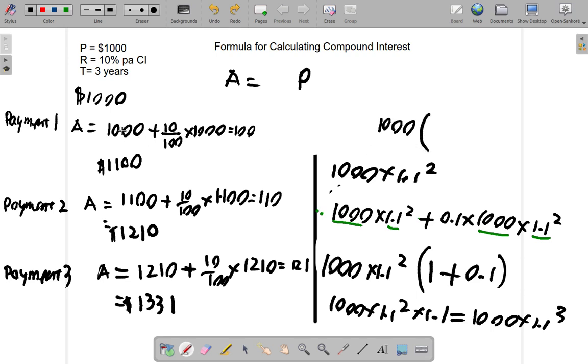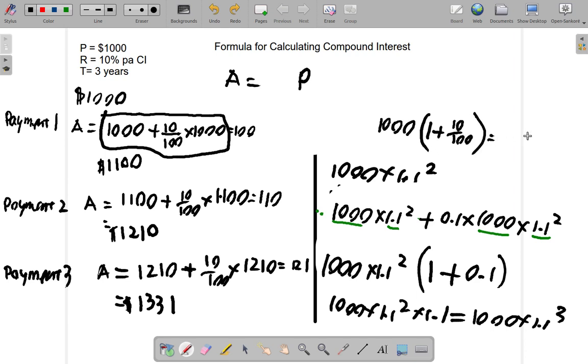When you factorize this, this is 1. When you take this and factorize it, you have 1,000 outside the bracket, so you have 1 plus 10 over 100.